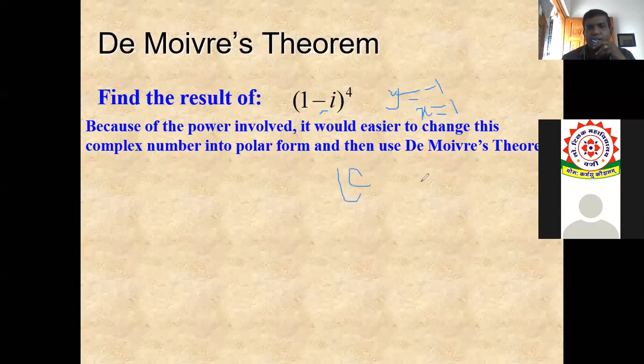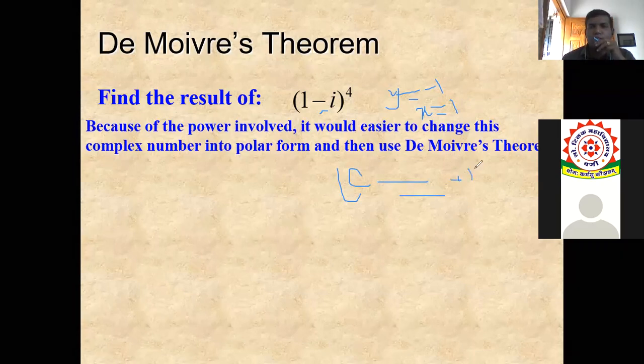So theta is tan inverse of minus 1, that is minus pi by 4. That is your angle, and r is root 2. So the format is root 2 cis minus pi by 4.